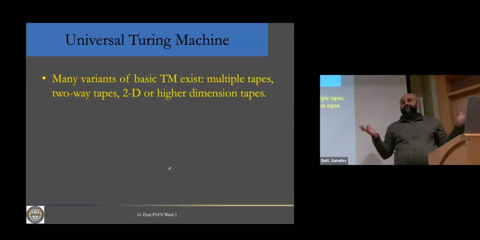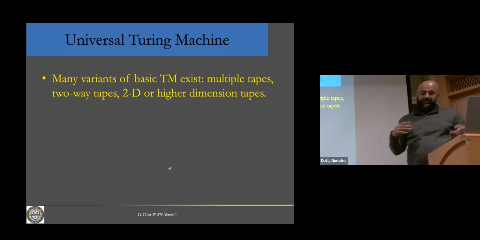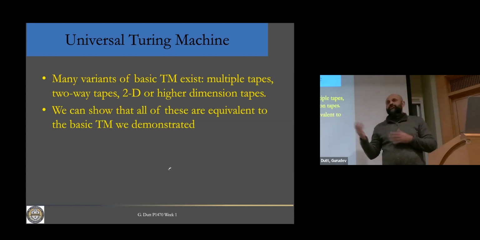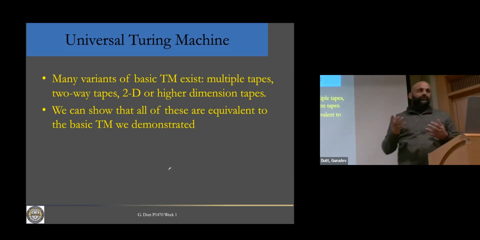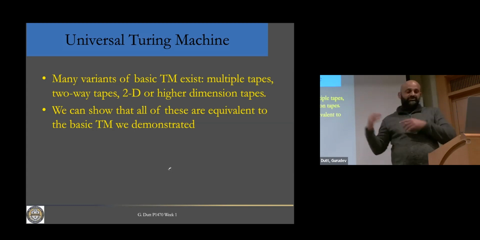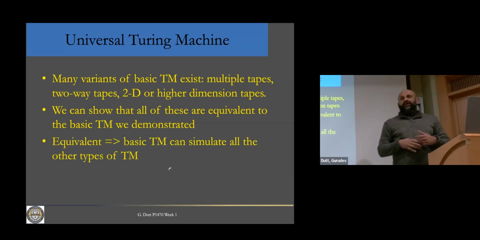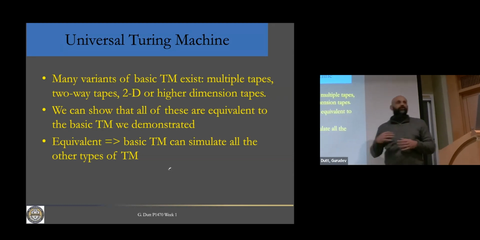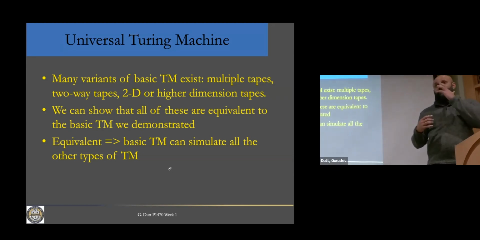So there are infinite variants of the basic Turing machine, but computer scientists have shown that they are all equivalent to the basic Turing machine, the one that we just talked about. What do we mean by equivalent? It just means that the basic Turing machine can simulate all these other types of Turing machine with only a little bit of extra overhead. By little bit, we'll define that more carefully in a minute, but it basically means a finite amount of time.